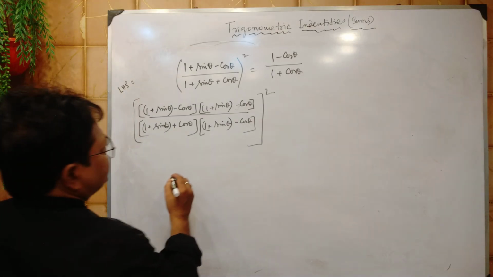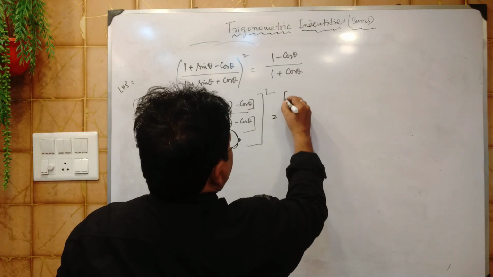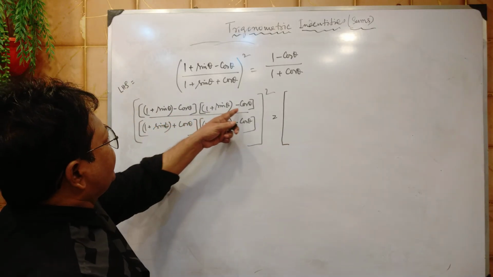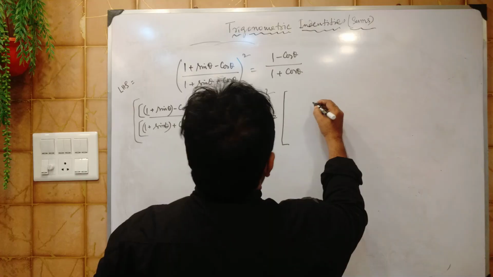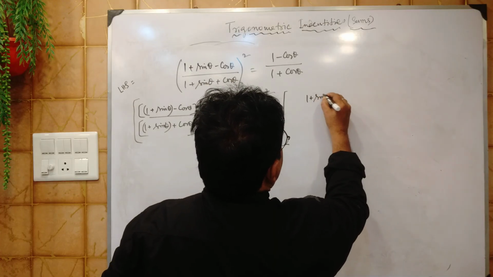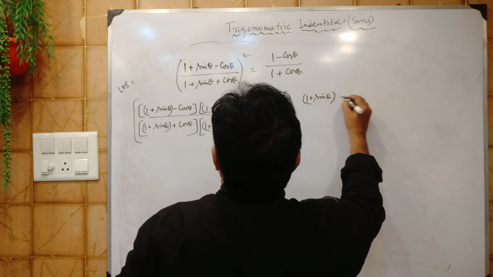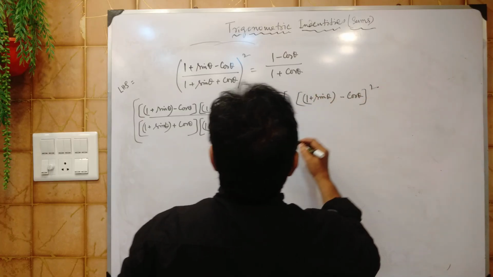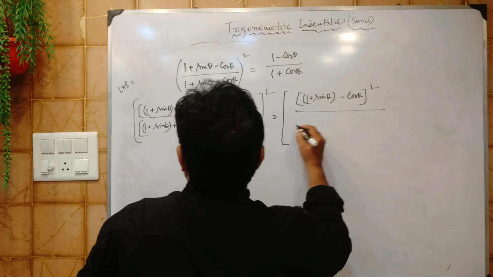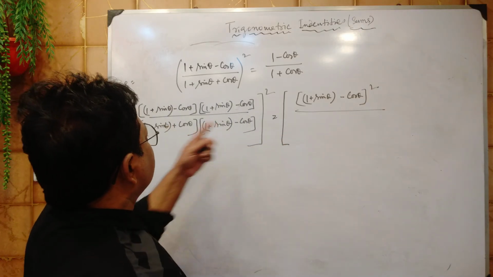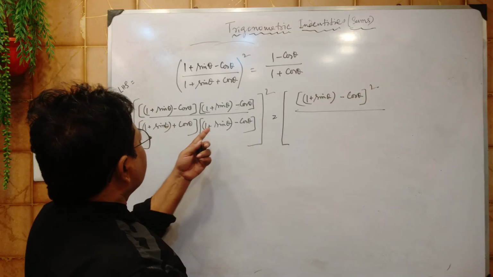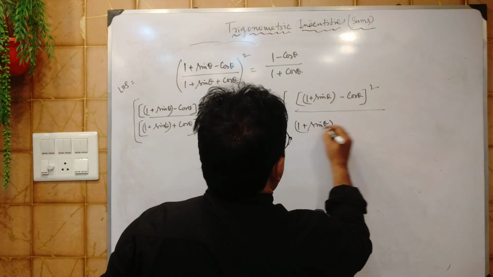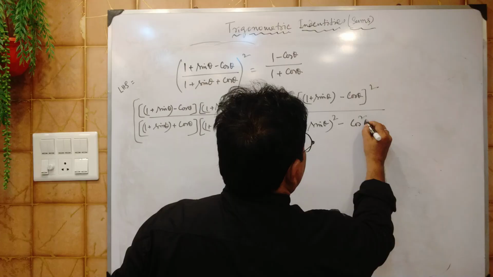What I am doing here: a minus b into a minus b is a minus b whole square. I can write (1 plus sin theta minus cos theta) whole square divided by a plus b into a minus b, that is with conjugate a square minus b square, that is (1 plus sin theta) whole square minus cos square theta.